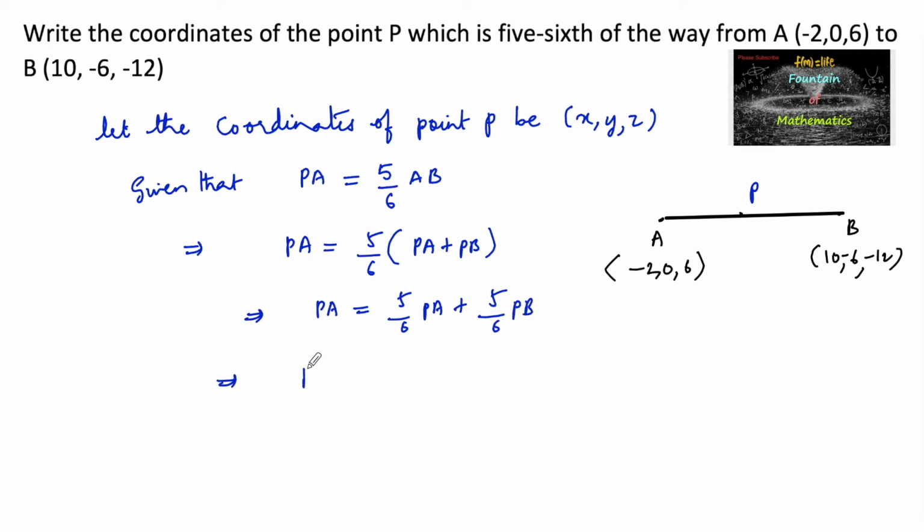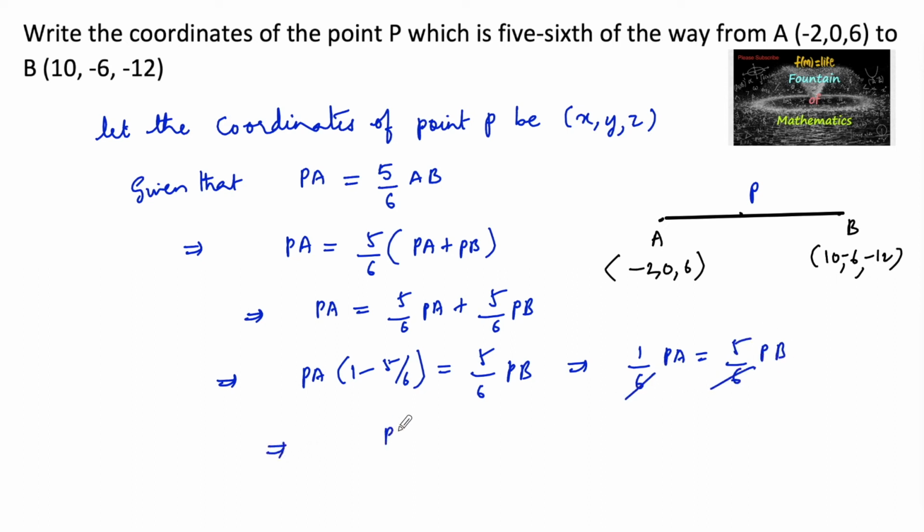Upon simplifying, PA times (1 minus 5/6) is equal to 5/6 times PB, or we can write this as 1/6 times PA is equal to 5/6 times PB.